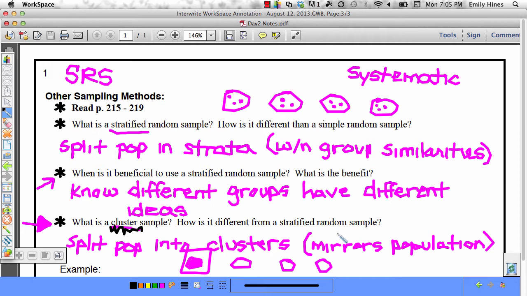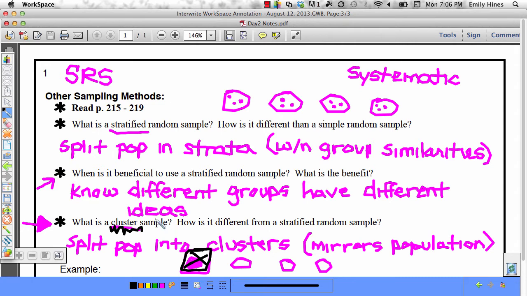I'm not going to pick the onions out of one salad and the lettuce out of another salad and the tomatoes out of another salad. That makes no sense, and it ruins a whole lot of salads. Instead, I'm going to pick one or two already boxed up salads and eat the whole thing. That's a cluster sample. So already boxed up salads, I'm going to pick one or two, and I'm going to sample every ingredient in that salad.